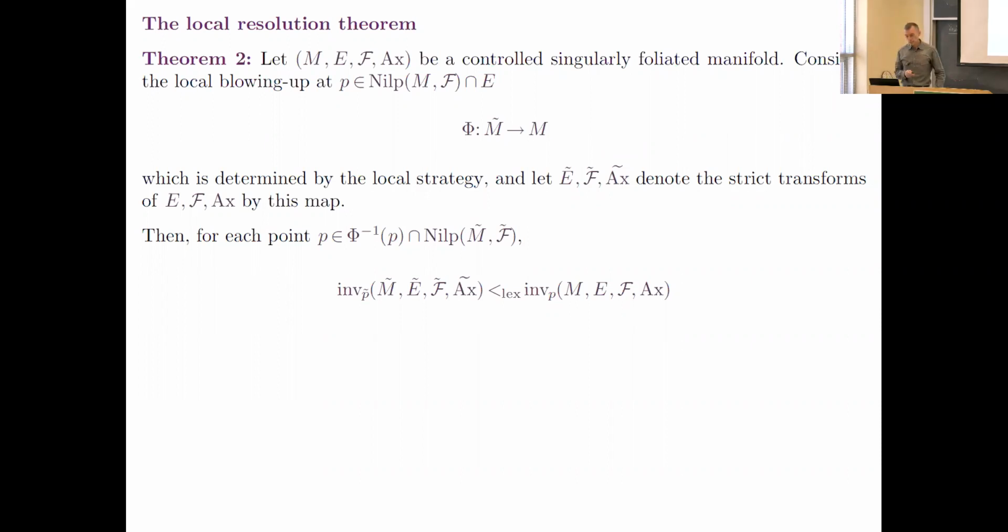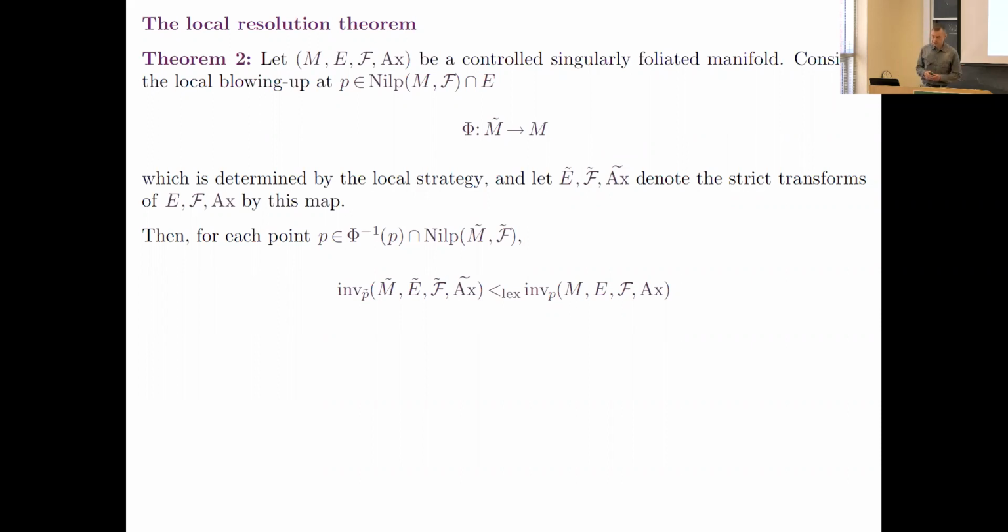So, okay, now there's a second part. Of course, I'm not going to detail it, but we can show that we can globalize these local algorithms, for the following reason: the invariant, as I defined here, is an upper semi-continuous function. Okay, so it means that at some given step, the strategy, globally speaking, will correspond to blowing up the locus where this invariant is maximum.